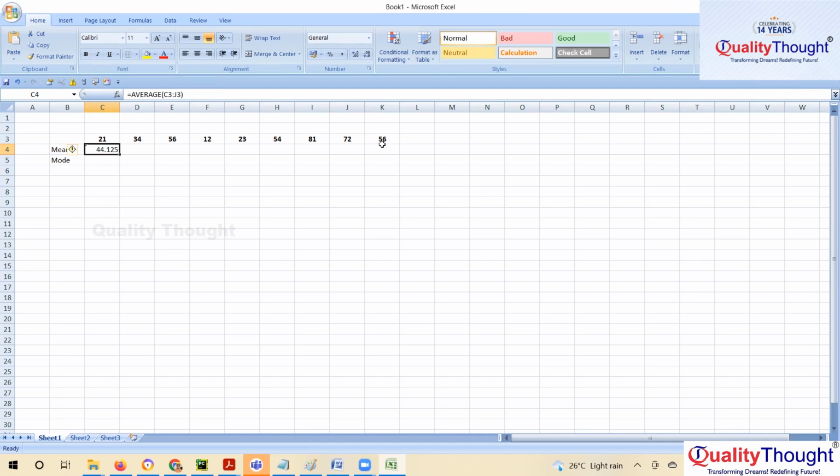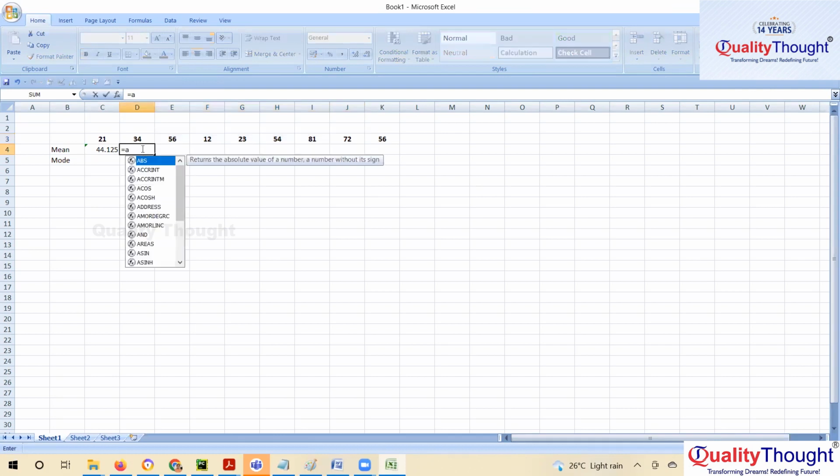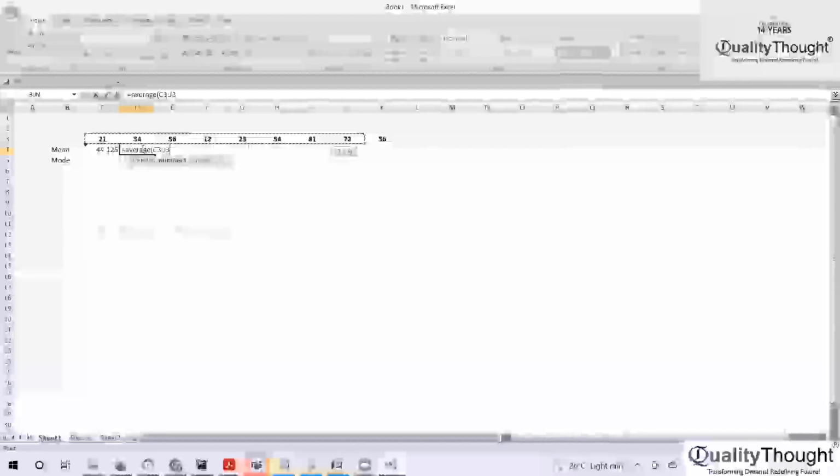I added an extra value, 56. Because the average of these numbers is 44, and you're adding a number which is more than 44, the new average will increase.